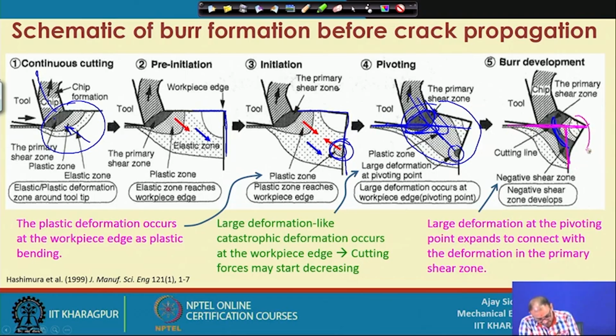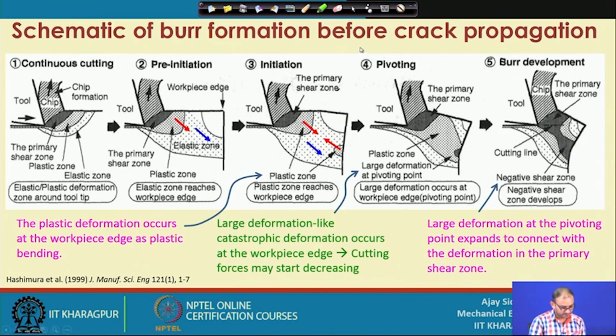But we have already got something which is extended beyond the workpiece edge. This particular thing is the burr. Characterization of this burr is different for the brittle material and the ductile material. Let us see in the next slide how these things are different.